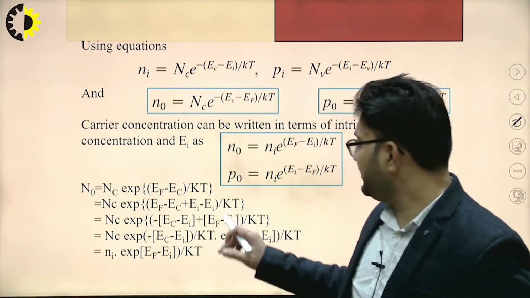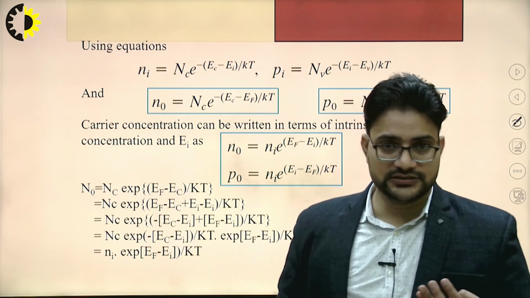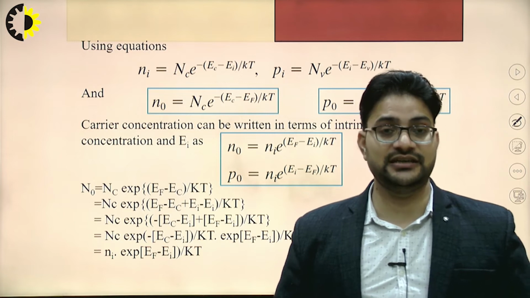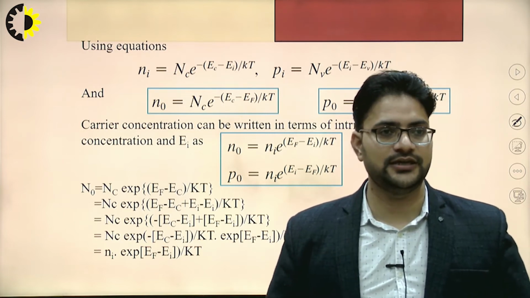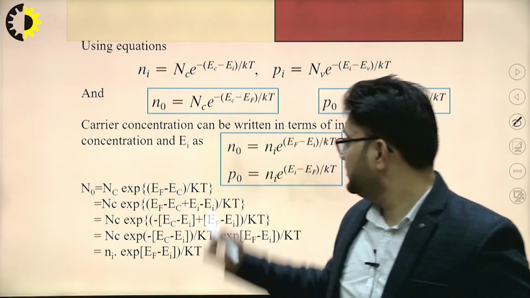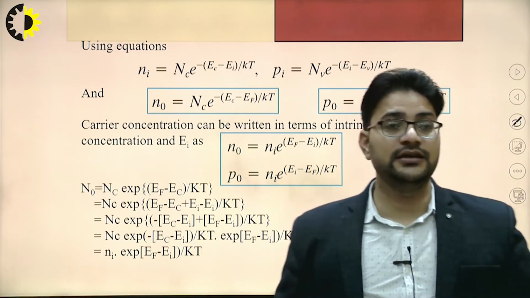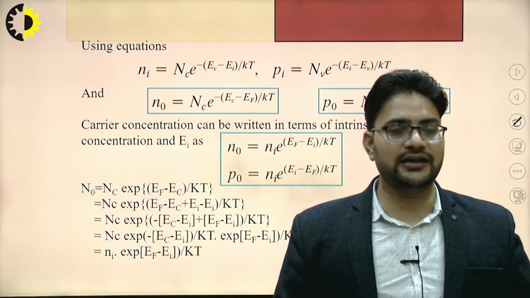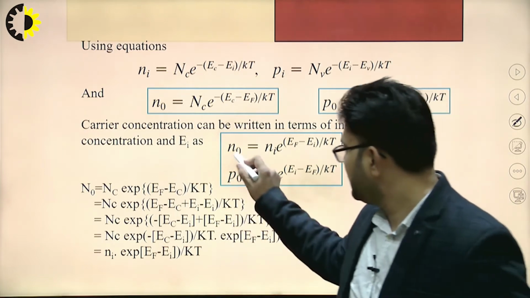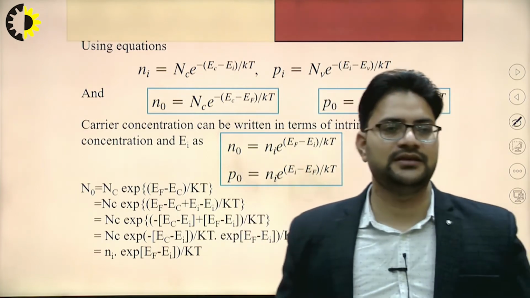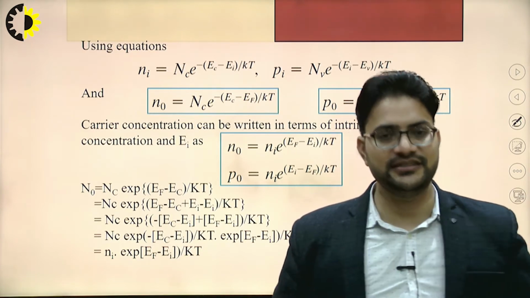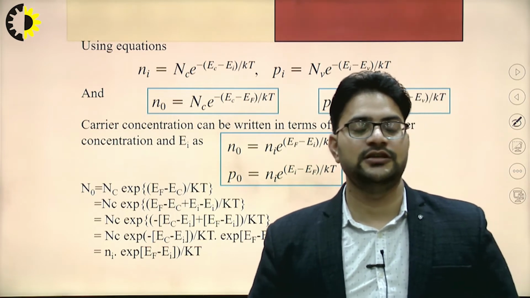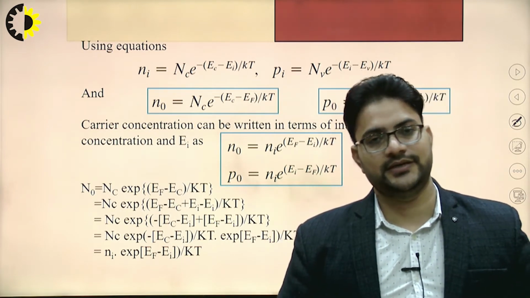So in this way we can compute the electron concentration at the equilibrium state. The carrier concentration can also be written in terms of the intrinsic carrier concentration, and it may be represented as N naught is equal to Ni exponential of Ef minus Ei divided by Kt, and P naught will be equal to Ni exponential of Ei minus Ef divided by Kt.